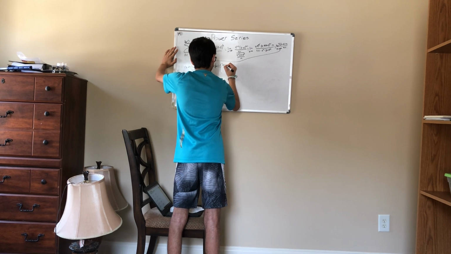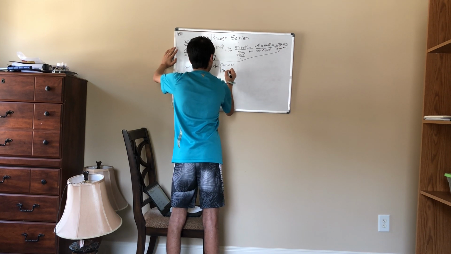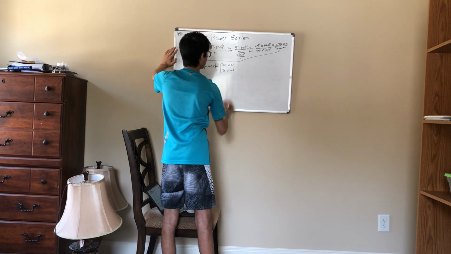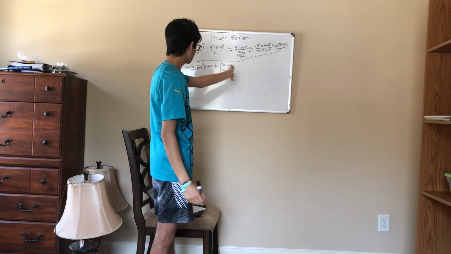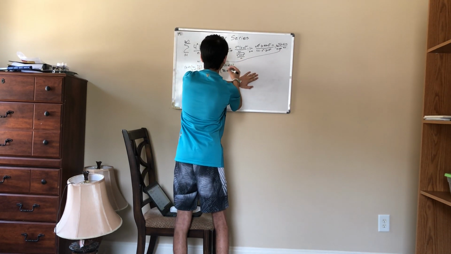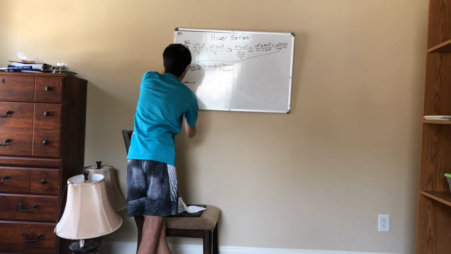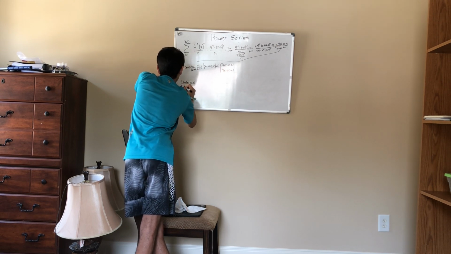So now you have 4 times x minus 0 is less than 1, and 4 times x minus 0 is greater than negative 1, right? And now we can divide, move it over. So now you would get your radius and your center, right? So we can write down our center equals 0, and our radius we are about to find.